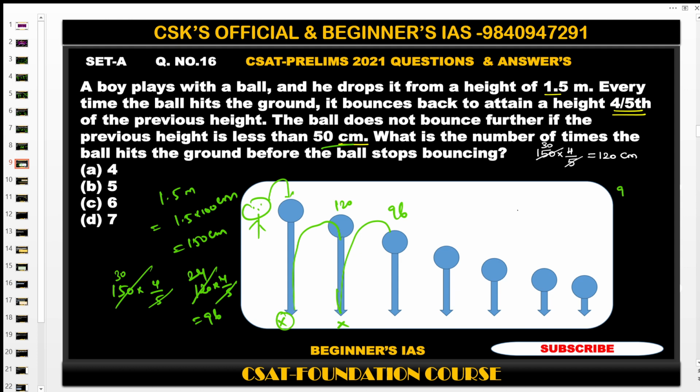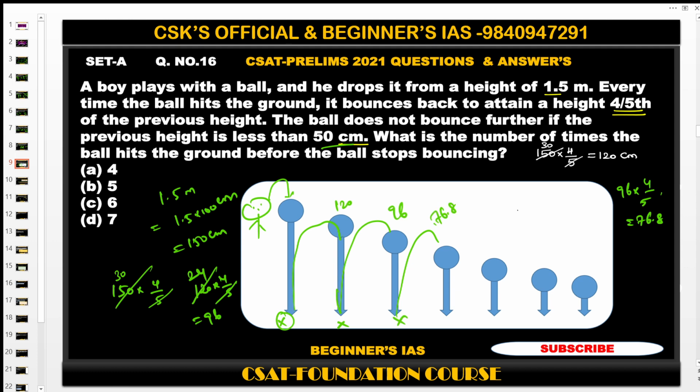Now check here: 96 times 4/5. It will be a decimal, around 76.8. Therefore it is also greater than 50, so it bounces back. That makes 3 times here.